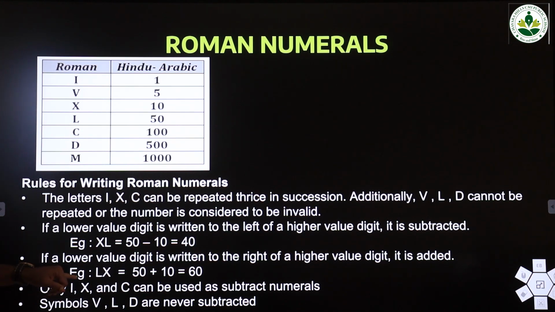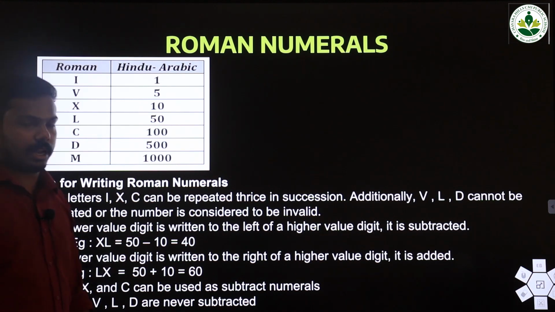Only I, X and C, that is 1, 10 and 100, can be used as subtraction numerals. That means we can write these numbers to subtract. The symbols V, L, D, that is 5, 50 and 500, are never subtracted.